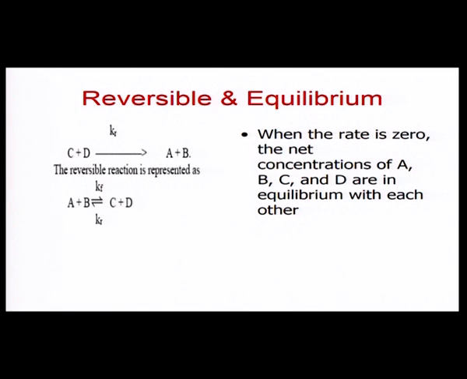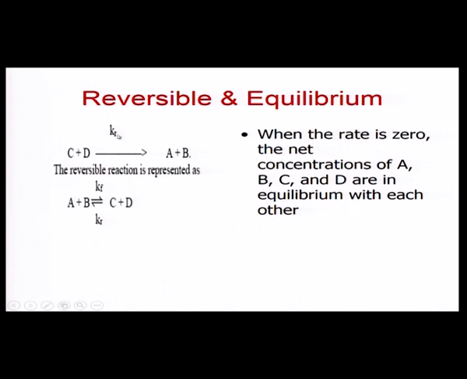And the reversibility or the equilibrium can also be attained from the reverse reaction. That is, the products C and D react to form A and B. Here C and D become reactants, the products become A and B, and this reaction is called the reversible reaction.